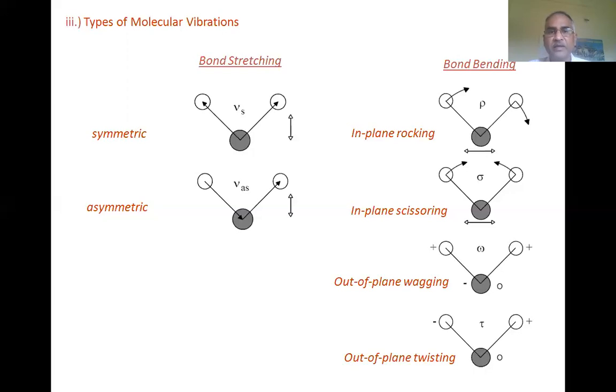And in the case of wagging, both the atoms go either into the plane of the paper or come out of the plane of the paper. Like that, totally we have 6 modes of vibration. When a molecule is undergoing vibration, we have stretching and bending. In stretching, we have 2 modes. In bending, we have 4 modes.